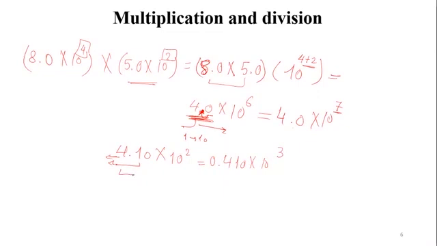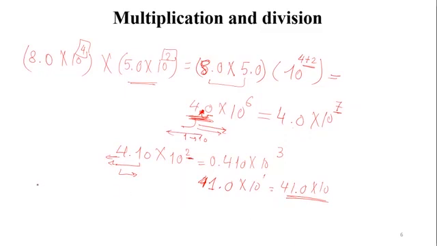But if I move it in the other direction, my number would be 41.0 multiplied by 10 to the power 1, which is actually 41 multiplied by 10 to the 10. So I have to remember, moving my decimal in that direction is minus, in that direction is plus.